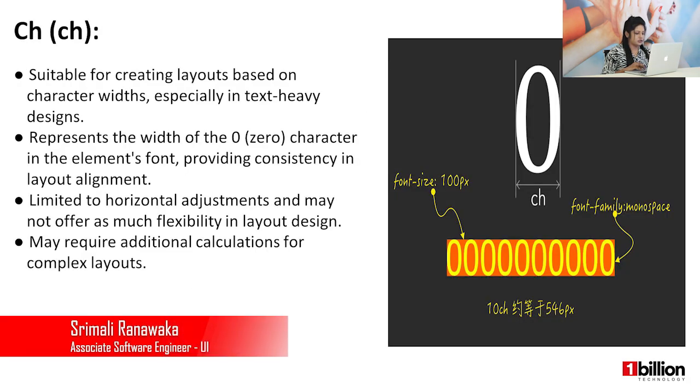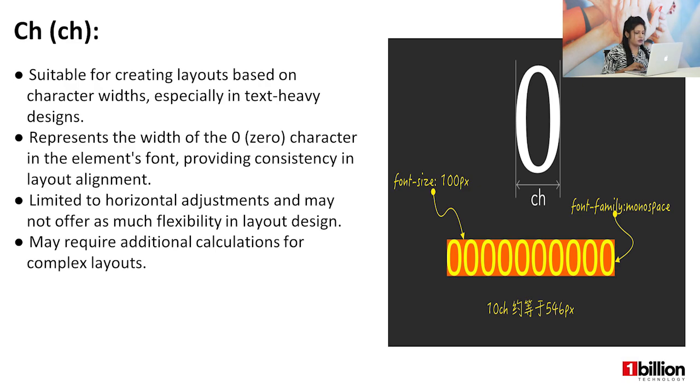The next unit is CH. The CH unit is relative to the width of the zero glyph in the current font. This means that one CH is equal to the width of the zero glyph. The CH units provide consistency in layout alignment based on character width, making them ideal for creating layouts based on character width, especially in text-heavy design.